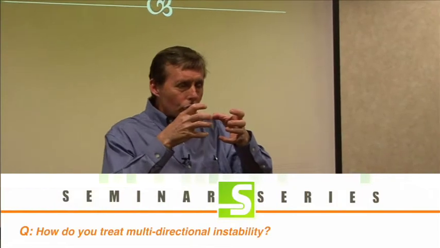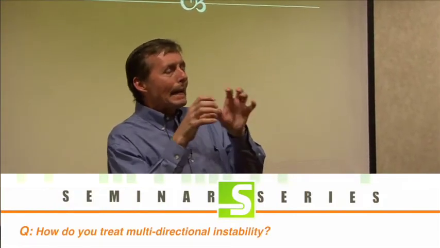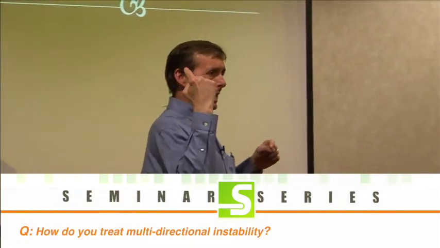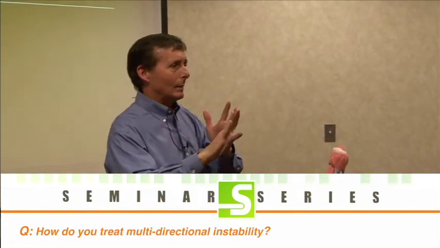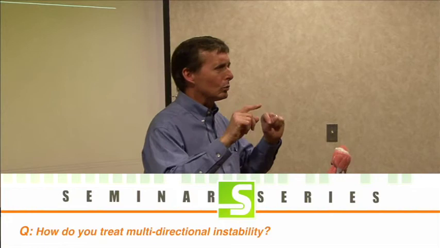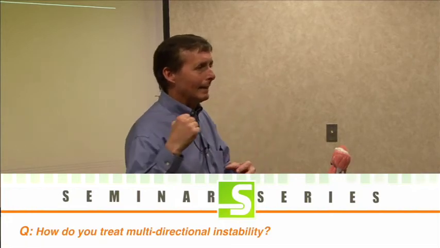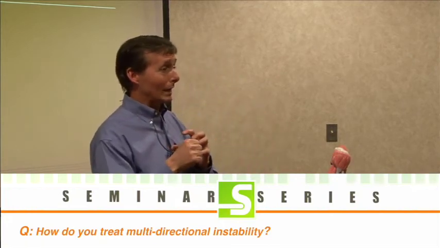Come on, Kristen, you must have a question. What are some of the reasons behind not surgically repairing multi-directional instability? Great question. Multi-directional instability is where that shoulder is so sloppy. When I do that MRI test, you don't see a torn labrum. You don't see a true lesion like you do with the football player that's dislocated and torn his labrum.